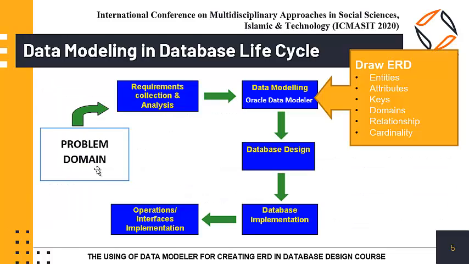This is the database life cycle, which is before we are creating the database design, we have to do the data modeling. Okay, currently for data modeling in the class, students and lecturers don't have any specific tools to use for data modeling.